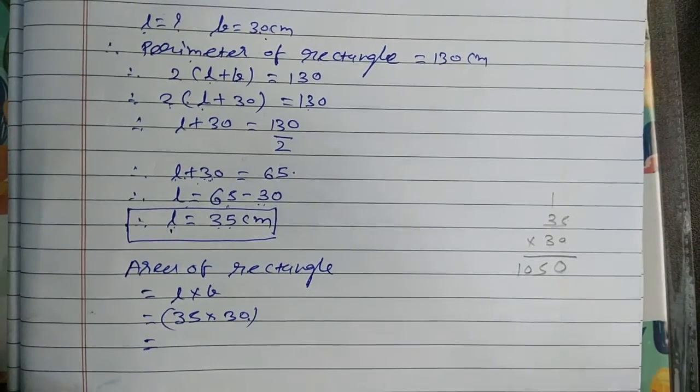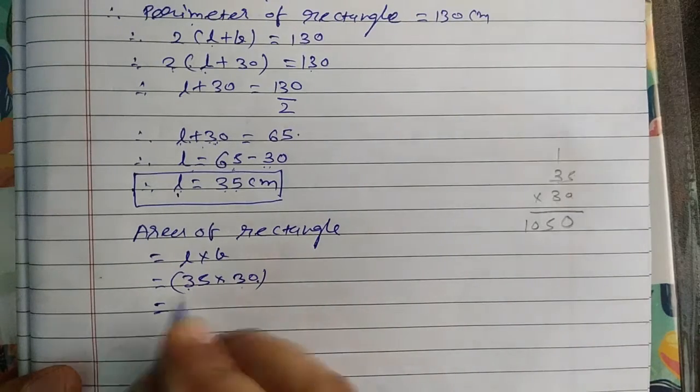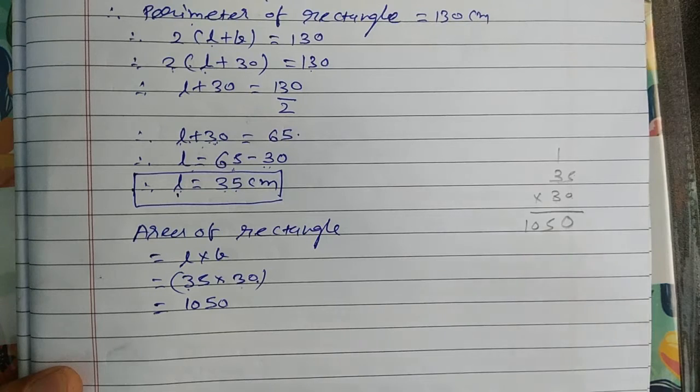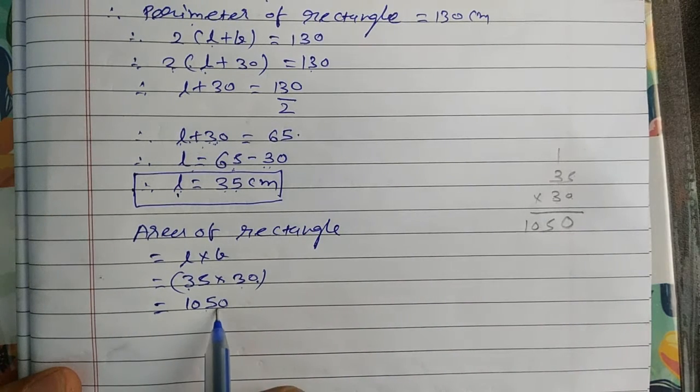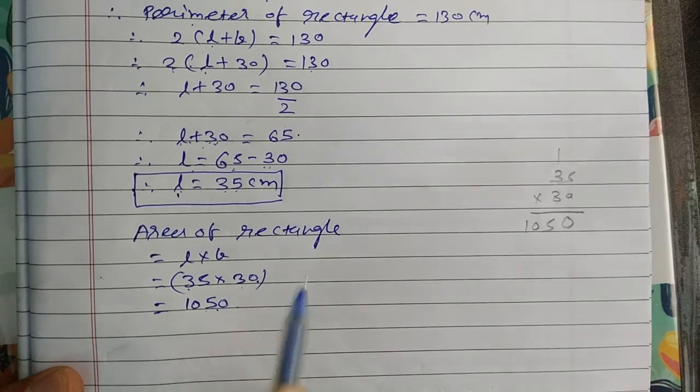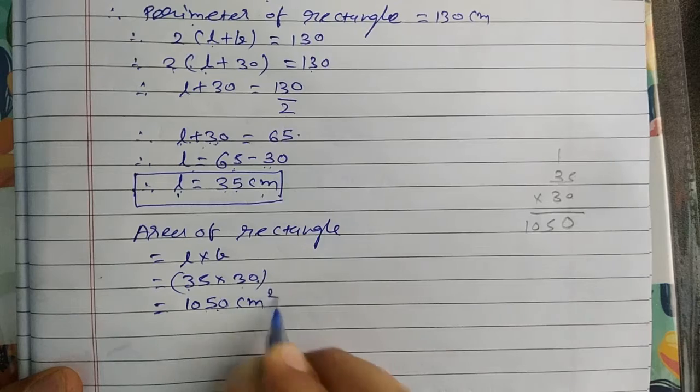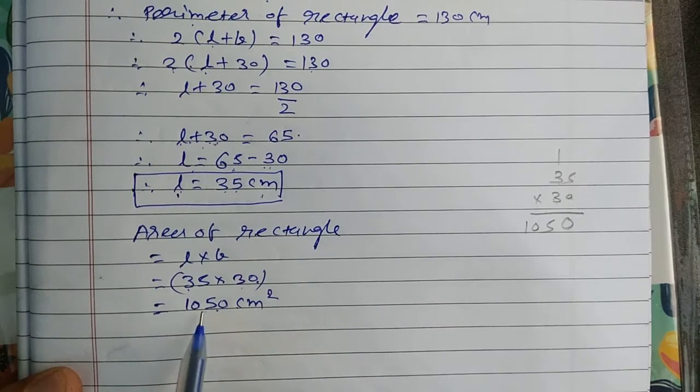So what we got? 35 multiplied by 30, we got 1050. So here 1050 is not the proper answer. We have to write unit also, that is centimeter. Area of a rectangle is unit square, that is centimeter square. So area of rectangle is nothing but 1050 centimeter square.